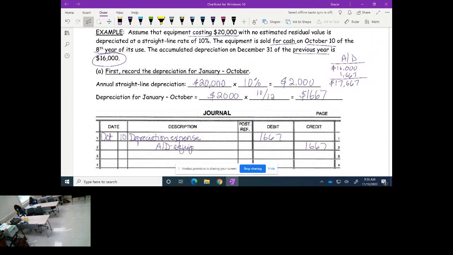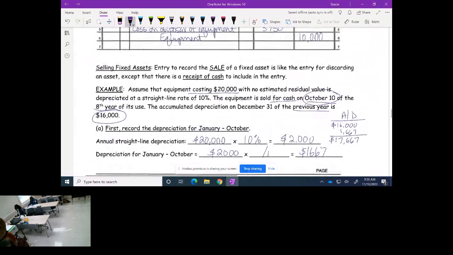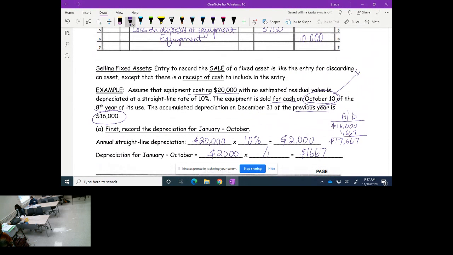Sometimes the book's kind of clear, sometimes it's not. Since it's falling before, we'll make a note up here: if the date is before the 15th.